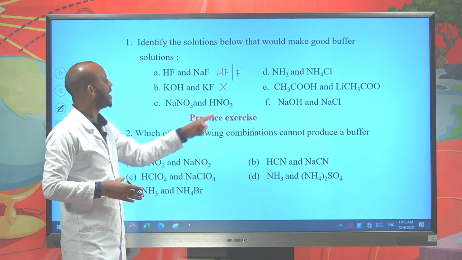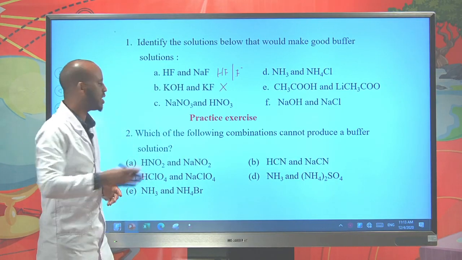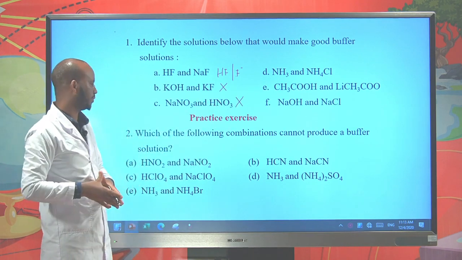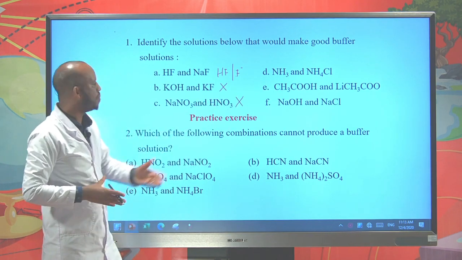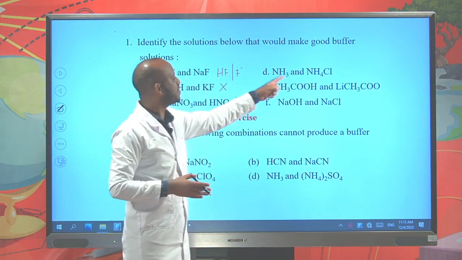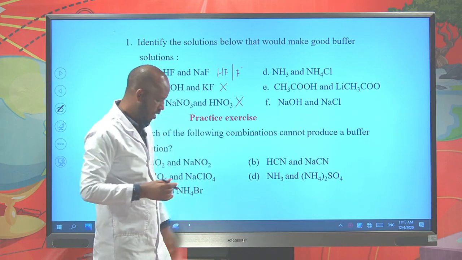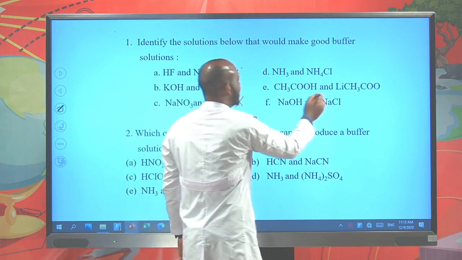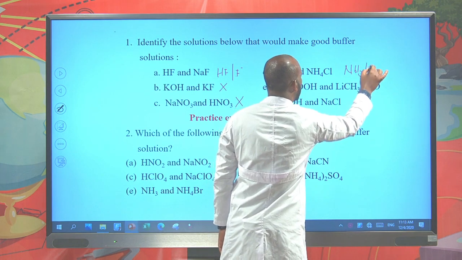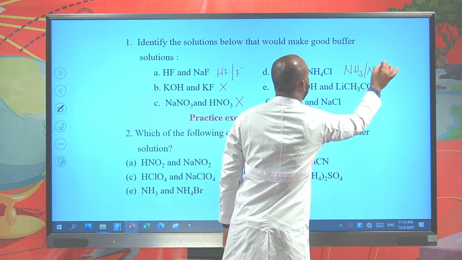Sodium nitrate and nitric acid is not a buffer solution because nitric acid is a strong acid. Ammonia and ammonium chloride is a basic buffer solution. Why? Because this solution contains a weak base, ammonia, and its conjugate acid, NH4 plus.